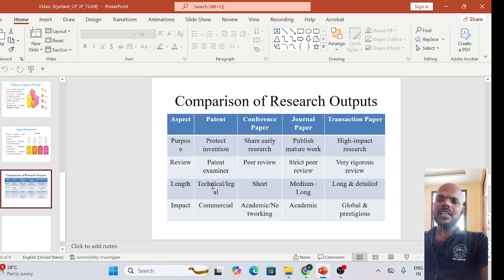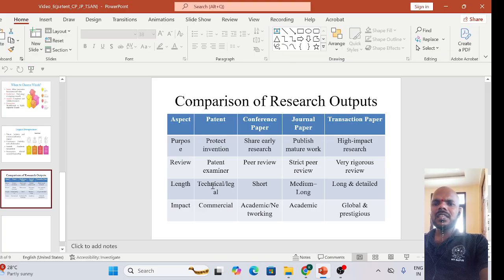In that case, you have to prove that existing equipment is not good enough to perform such a kind of limitations. So that is a journal paper. Whereas a transaction paper is high impactful research. That means you are completely developing a new smartphone which currently does not exist at all. That kind of thing is a transaction paper.